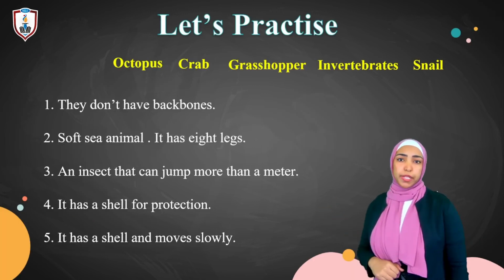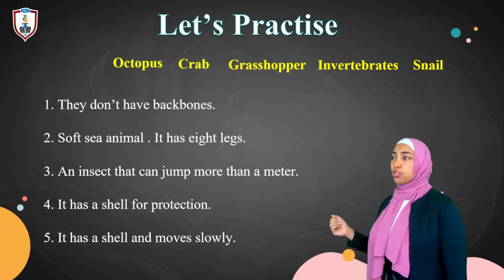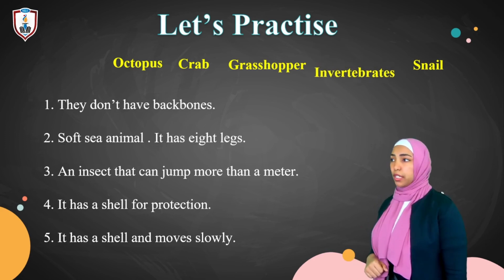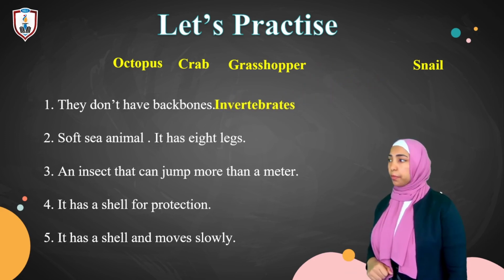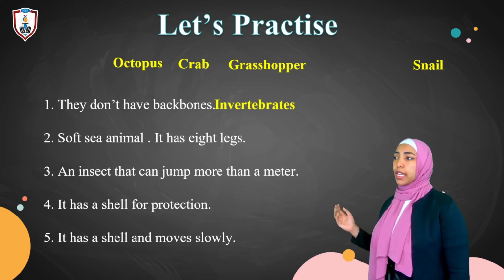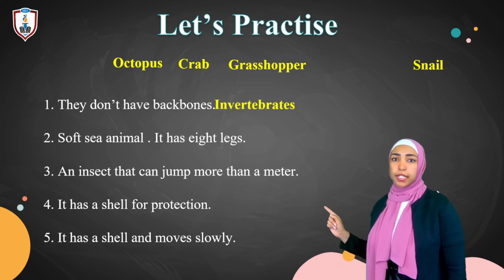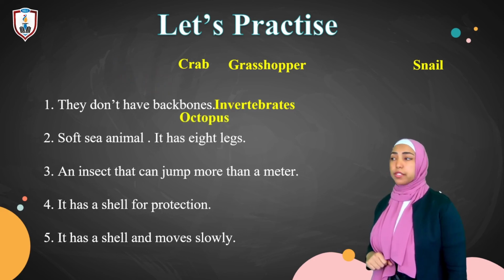And now let's practice this. They don't have backbones. So what are these? Yes, thank you. Invertebrates. Soft sea animal, it has 8 legs. Pay attention, 8 legs. Yes, excellent. This is the octopus.